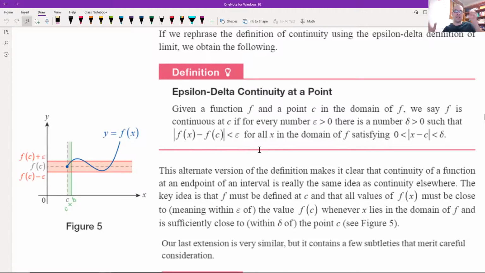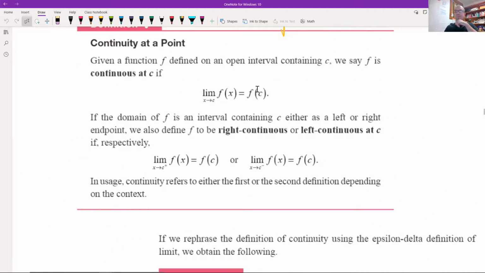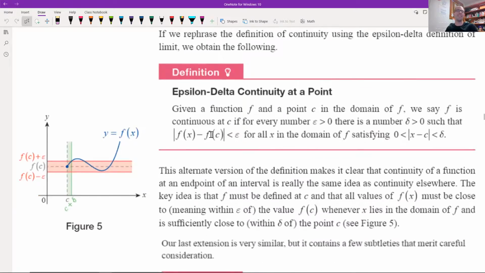That's really all that's different. And notice that f of c is hanging out where L generally is as well here. So we're continuous when the limit equals the function value, and the function value is just being substituted in here for L. That's the delta epsilon definition of continuity.